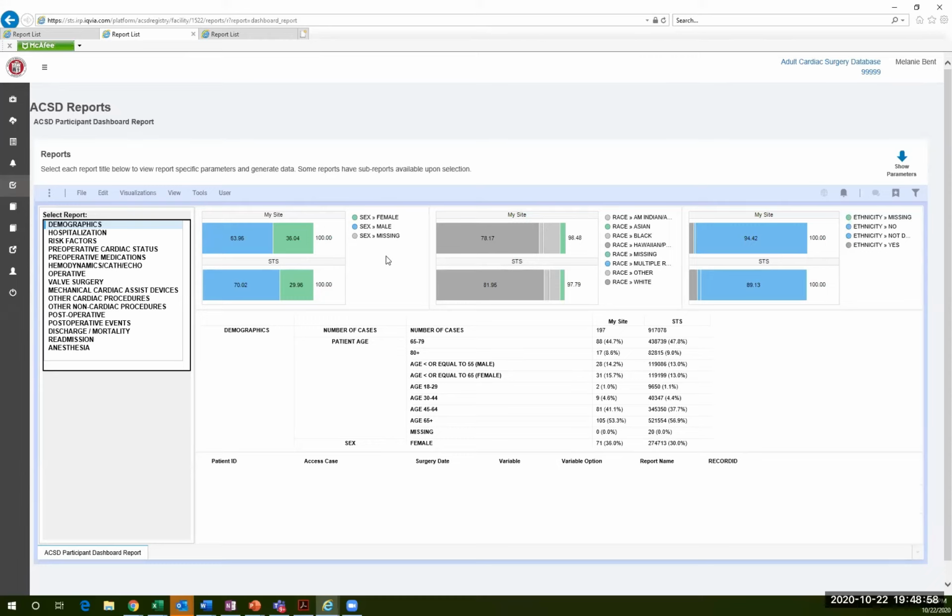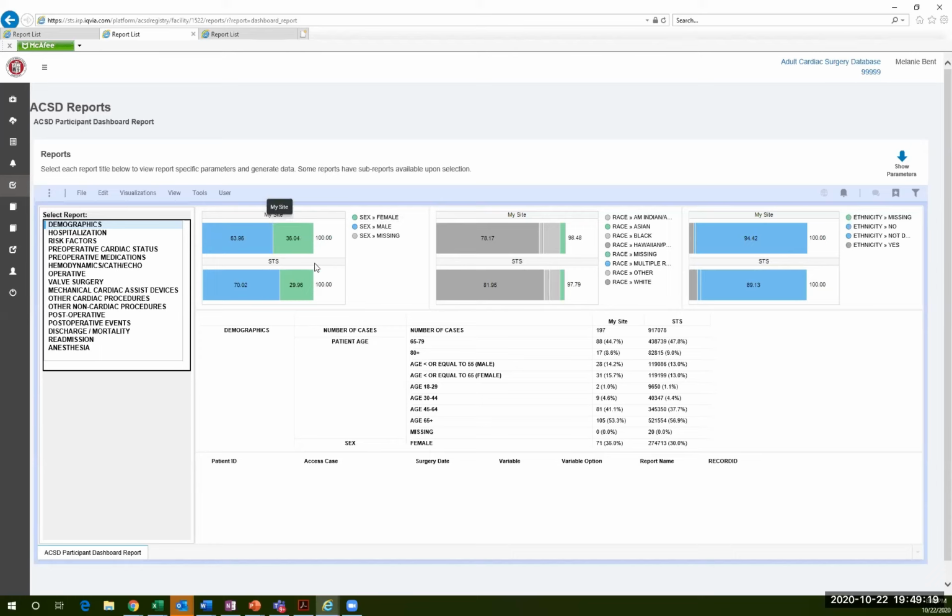We have 3 that are listed for each report, and each of these graphs are interactive. And so if you wanted to just see results related to your female population, you'll notice that you have this label and then of course the bar graph that does a comparison of the My Site versus the STS.